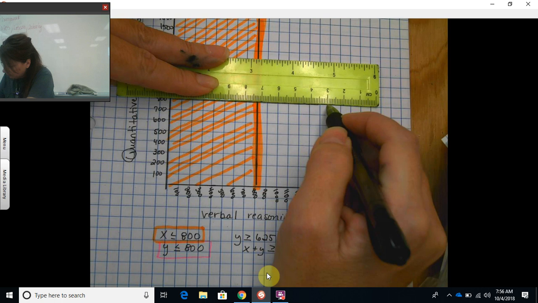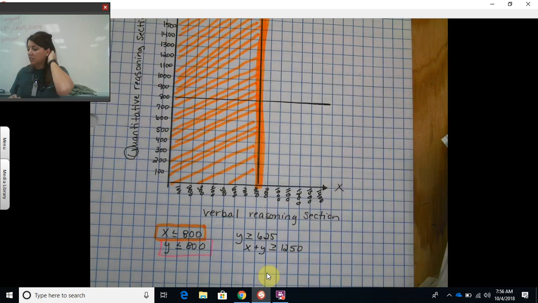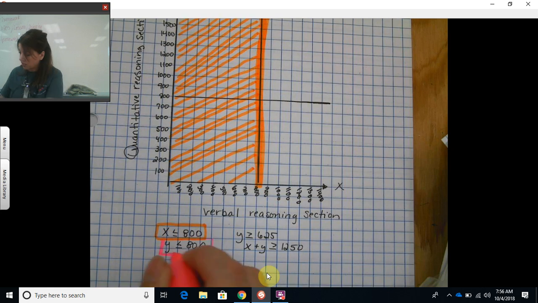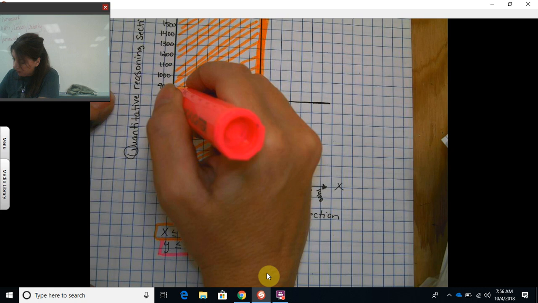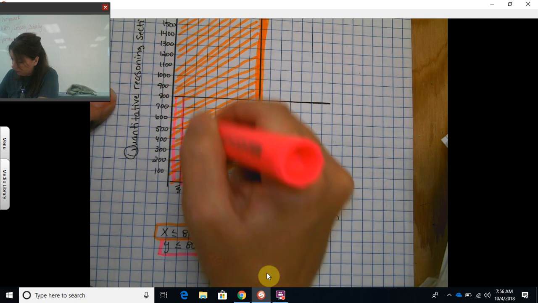So would I shade above this line or below this line? Below. Because all of the y values below the line are less than 800 or equal to 800. If they're actually on the line, they are equal to 800.